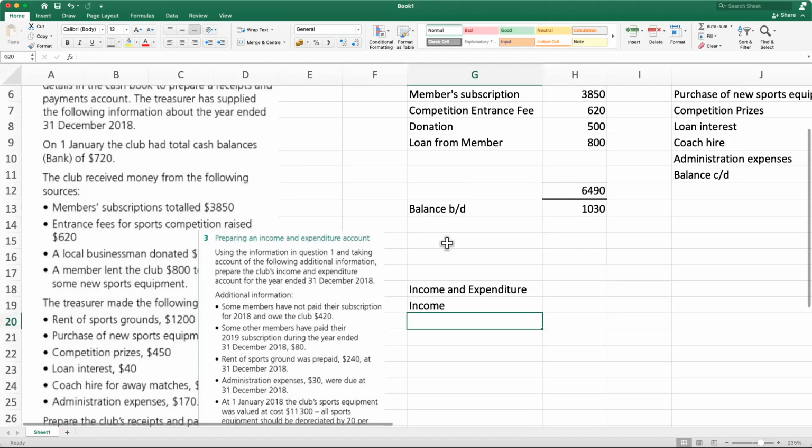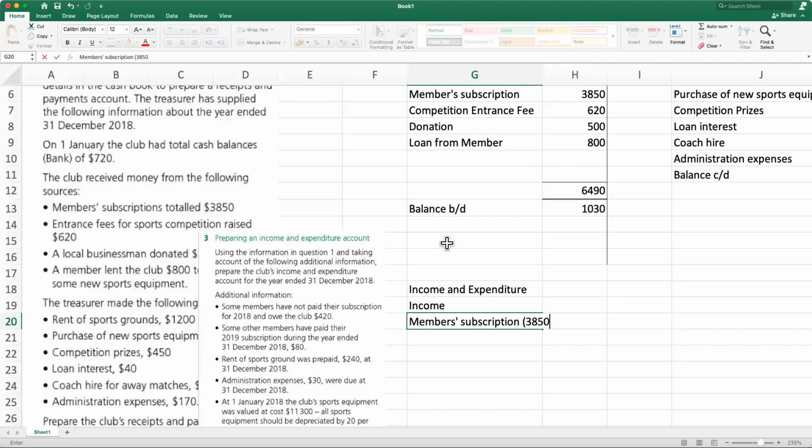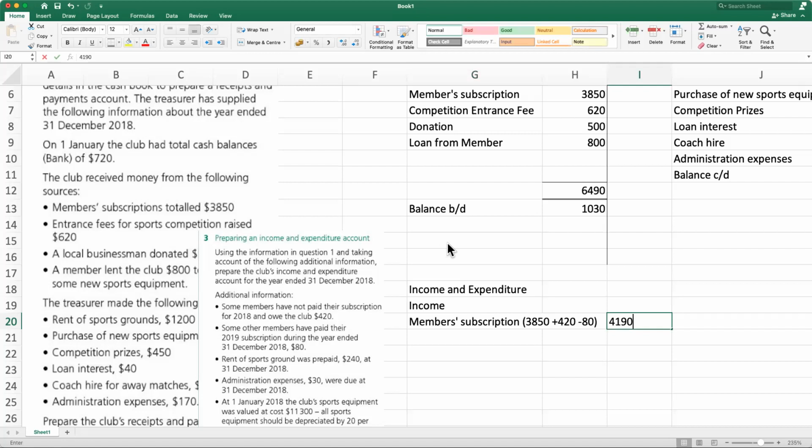Income will start from member subscription. It's not 3,850 because there are some adjustments to make. Those who have not paid, you need to add 420. And those who paid for next year, you need to minus them off because you received it in advance. This is the working for that, and it will total 4,190.